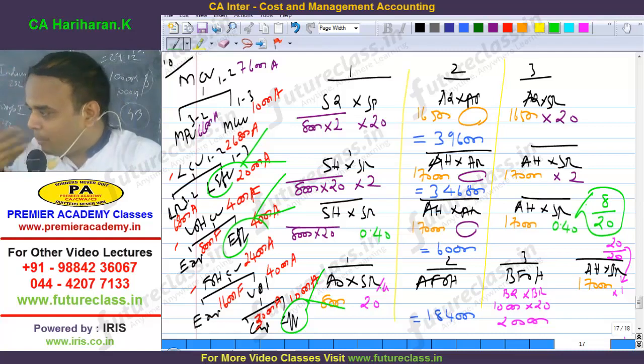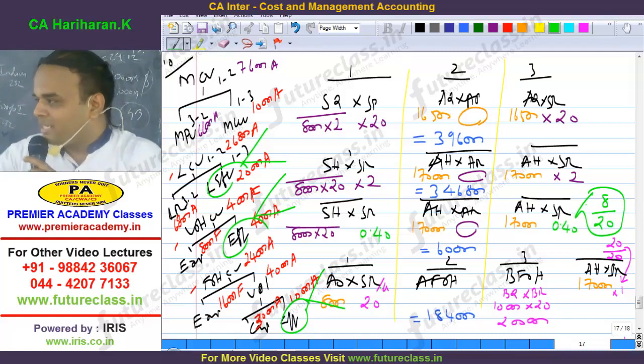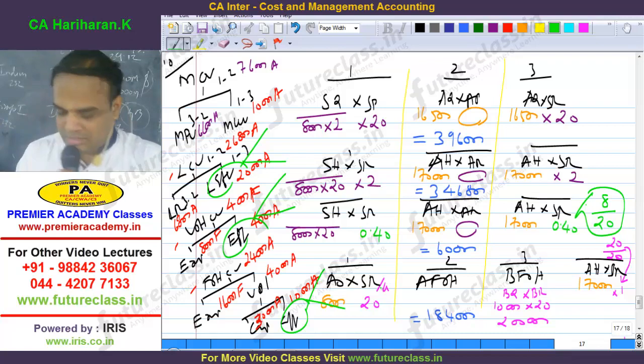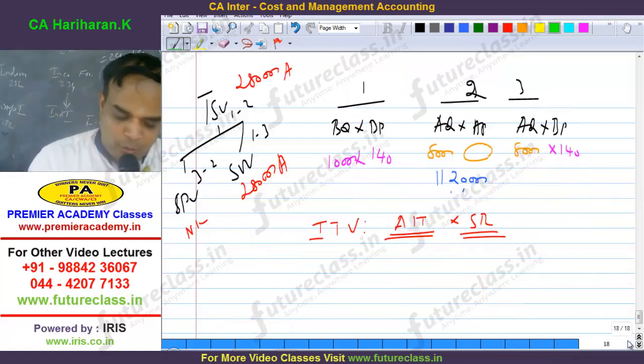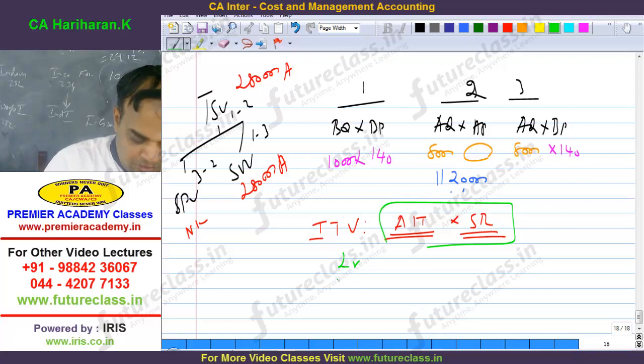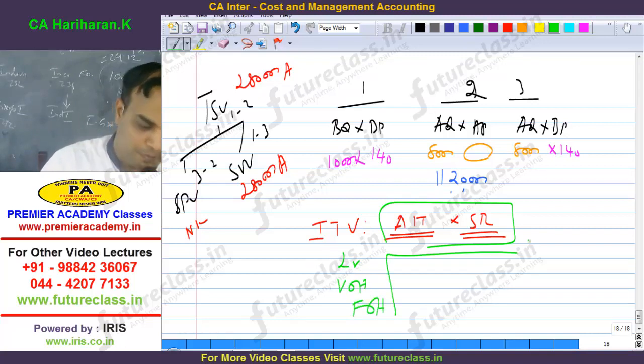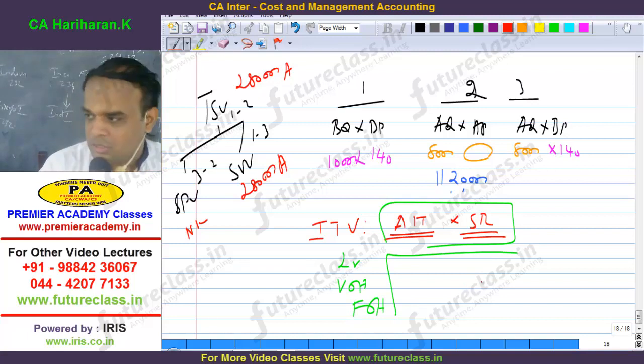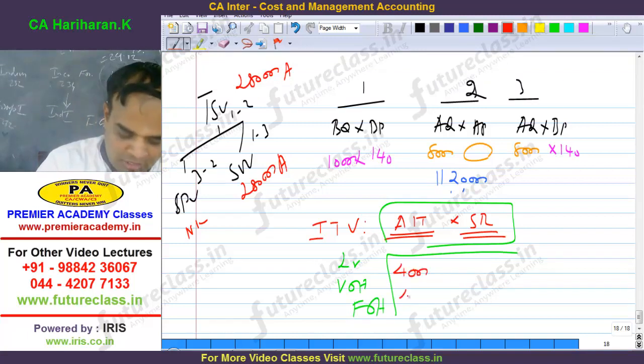After computing idle time, where do you have to park it? Only in idle time variance. Now, formula for idle time: actual idle time into standard rate, for labor, variable overhead and fixed overhead. Number of idle hours given in this question is 4,000 hours each.